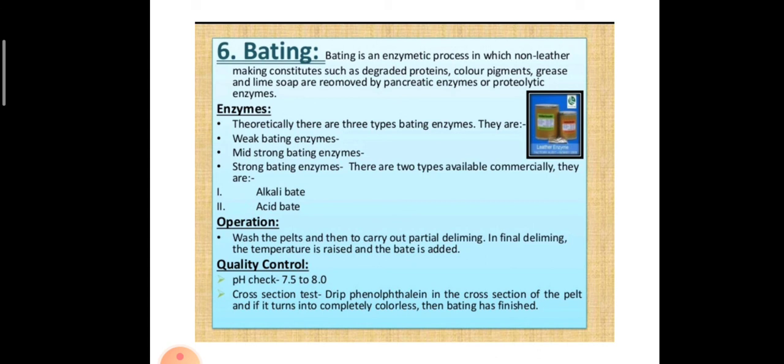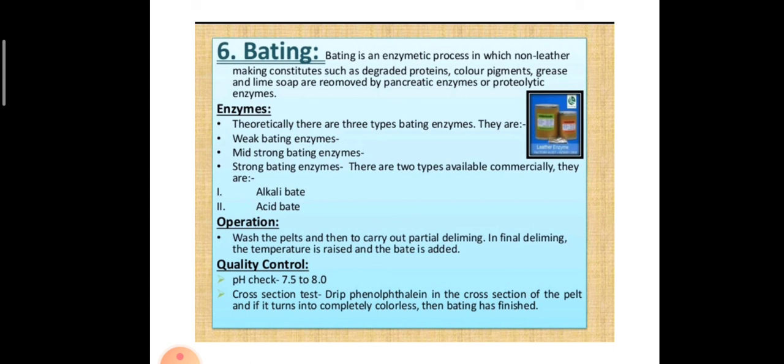So bating is an enzymatic process in which non-leather making constituents such as degraded proteins, color pigments, grease, and lime soaps are removed by means of enzyme.